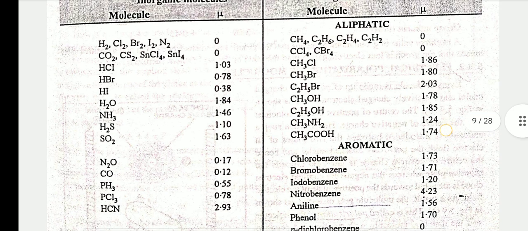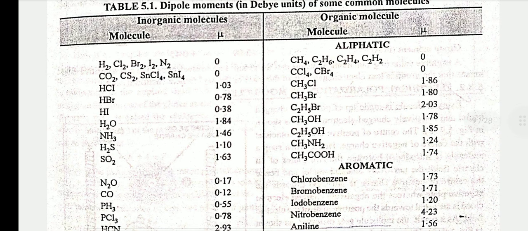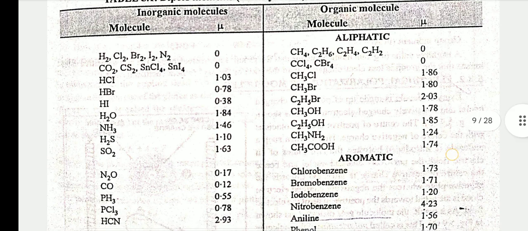2.93. Aliphatic: CH4, C2H6, C2H4, C2H2 0, CCl4, CBr4 0, CH3Cl 1.86, CH3Br 1.80, C2H5OH 1.85, CH3CHO 1.74.